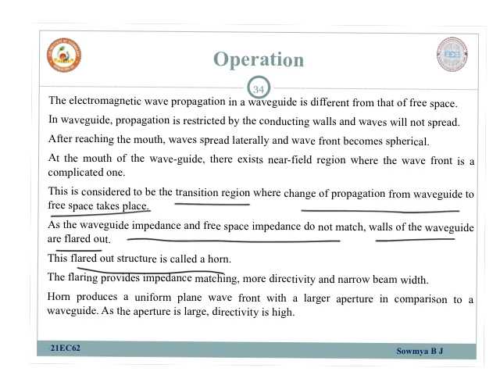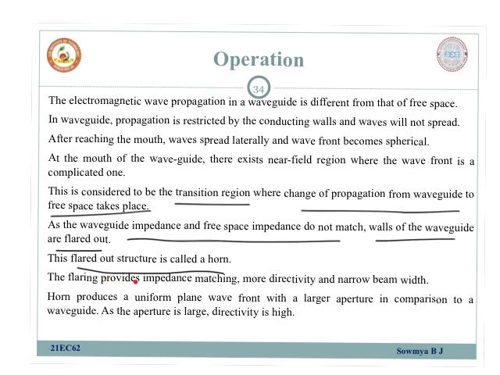Why we use flaring is that in the transition region there is a change of propagation from waveguide to free space, and since the waveguide impedance and free space impedance do not match, the walls of the waveguide are flared out, and this flared out structure we call a horn.